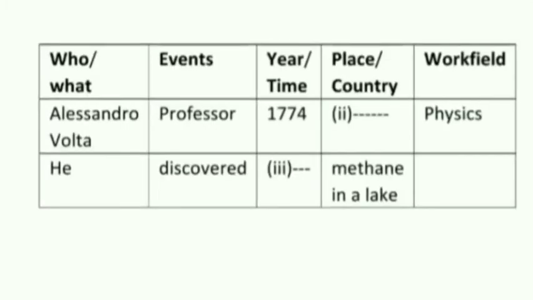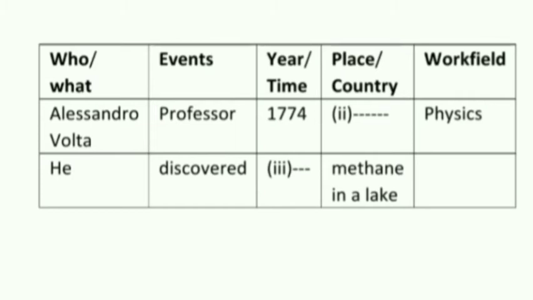Here you will get other options. Who or what, that means in this row you have to highlight the person, then events is mentioned here, then year or time is mentioned, place or country is mentioned here, then work field. These points will be highlighted here.